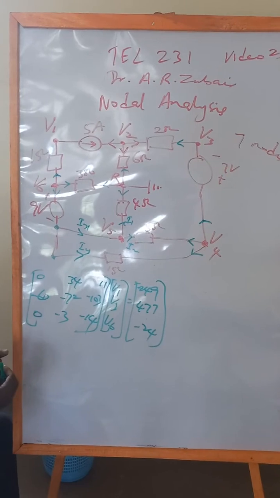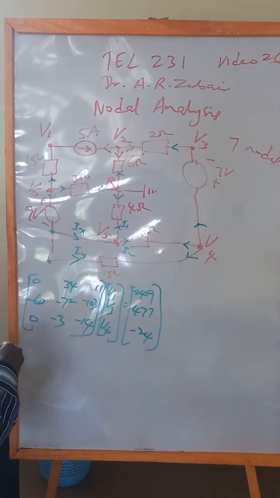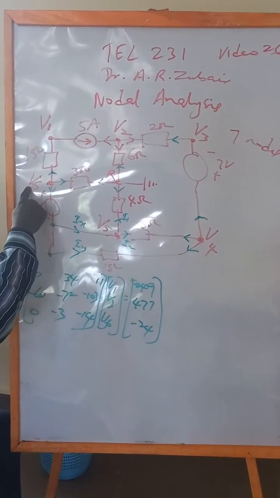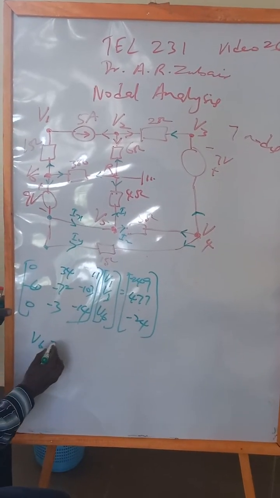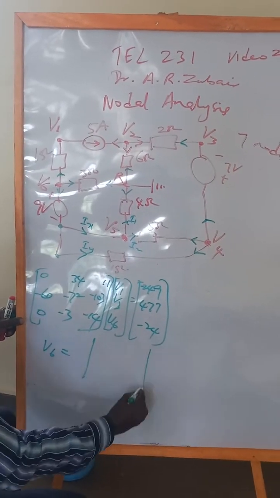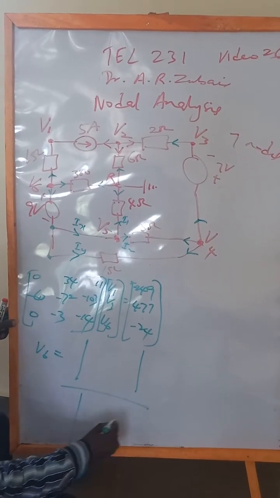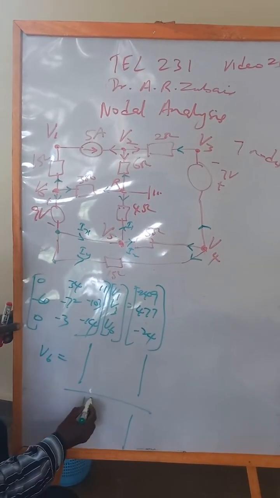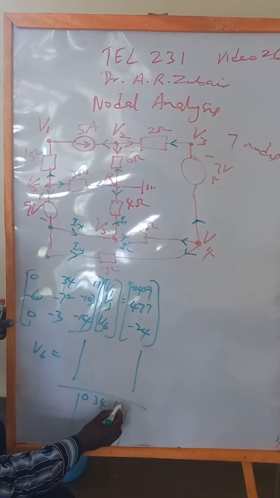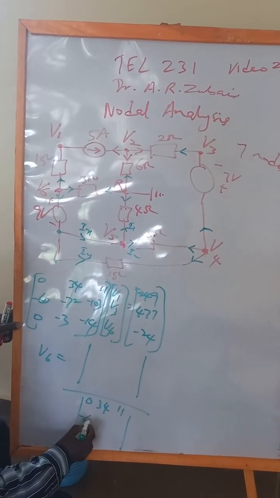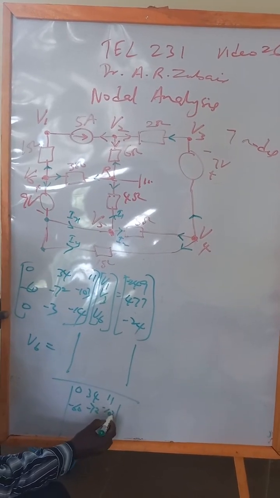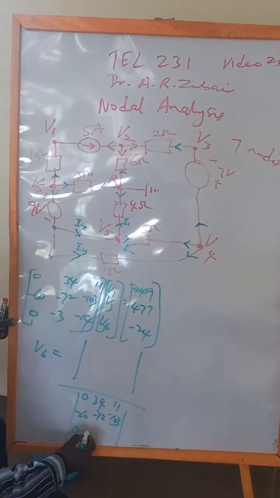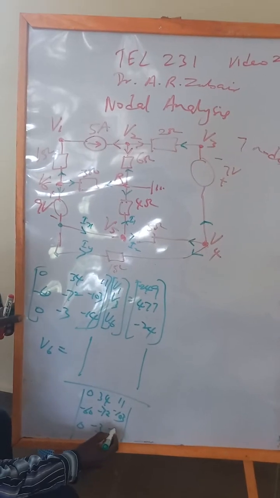Now, as it is, we only need V6. So this is going to be 0, 34, 11. It's going to be minus 60, minus 72, minus 103. It's going to be 0, minus 3, minus 14.